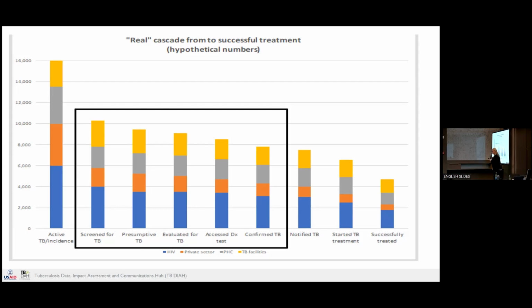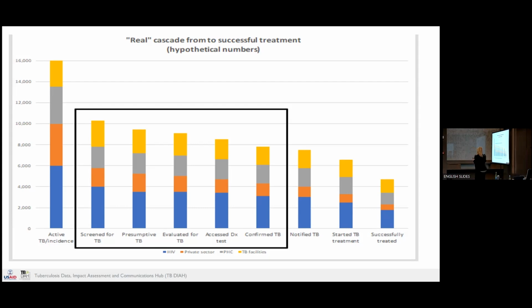Yes, but here we have additional information, this we also see in subgroups. So blue is HIV, orange is private sector, PH is gray, and TB facilities is yellow. So it is plus additional information.